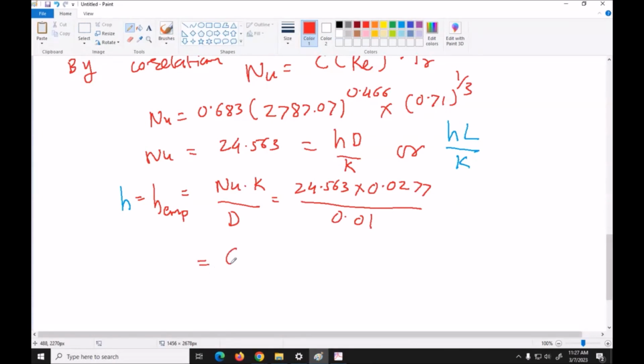So h is equal to 68.039 watt per meter square degree centigrade or Kelvin. So this is the h empirical. Similarly, you can calculate for the flat plate.